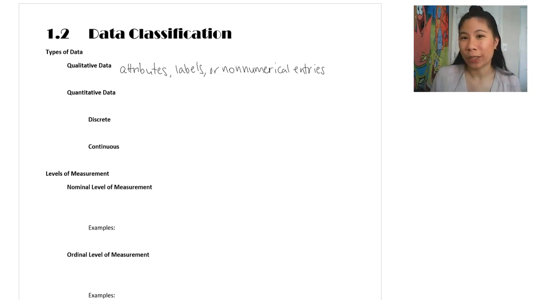One that's kind of weird is zip codes, because zip codes are technically numbers, or even area codes in a phone number. They are technically numbers. However, when you actually think about what they mean, the zip codes or area codes describe a geographical location. So it's really more of a label than it is a number.